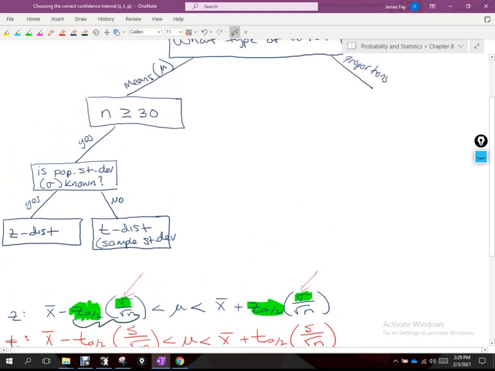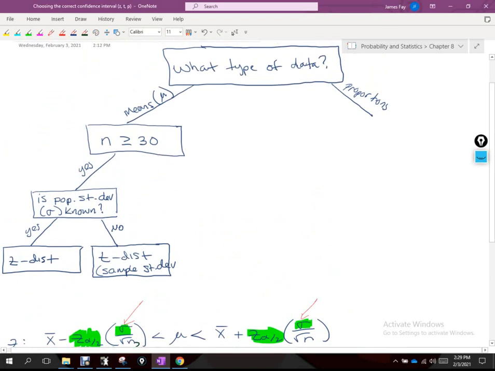If we were to answer this question up here as no, we're going to want to know, is the population normal?